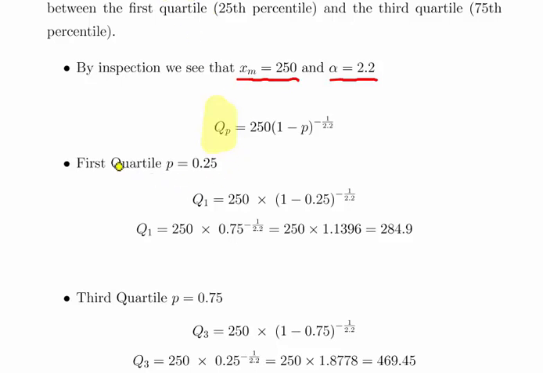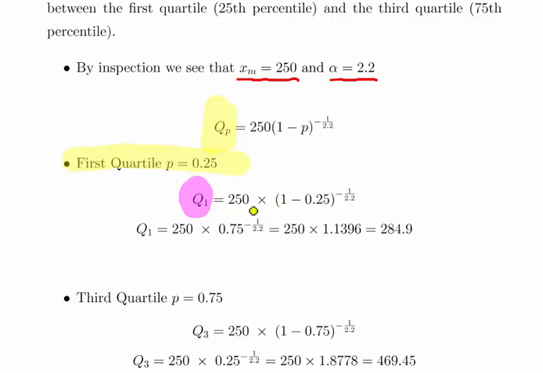So for the first quartile, p equals 0.25. Q1 we'll call it. I'm not being consistent there actually. I should call it the first quartile Q1. I have Q of 0.25 there. Anyway, that's just the traditional name for the first quartile. My notation's not perfect there, I'm just using statistics 101.